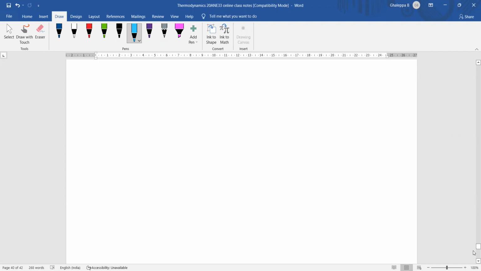Refer to some question papers, where they will give different types of properties and ask you to identify whether it is an intensive or extensive property. For example, surface tension is an extensive property. Potential energy, kinetic energy, entropy, enthalpy, volume, area, all these depend on mass or size.